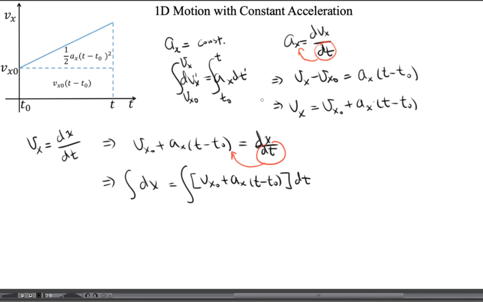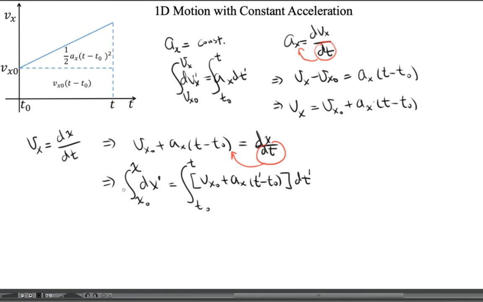Again, we start from an initial time t naught, we integrate to a time instant t, and correspondingly we have x naught, and we integrate to x. Again, to differentiate between the integration variable and the upper bound, we use dx prime here, and similarly we use dt prime, and here we also change it to t prime in the integration.